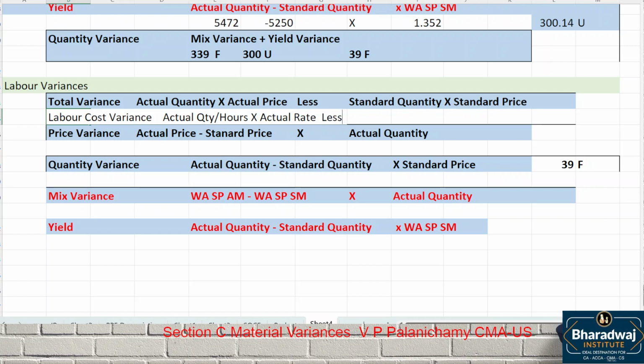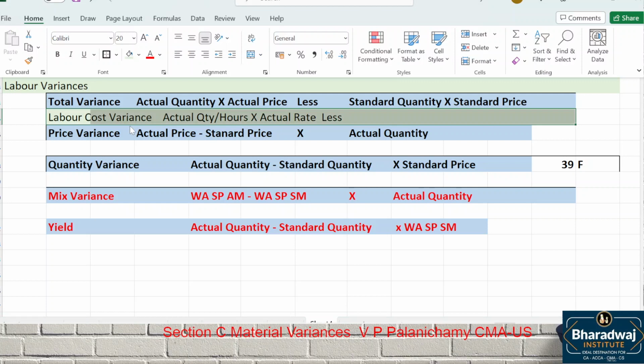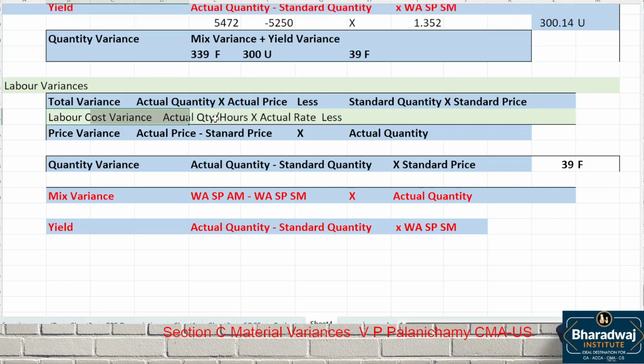When will you take actual quantity? When the output is measured or when wages are paid based on piece rate. When workers are paid based on number of hours, actual hours into actual rate. This is called labor cost variance.